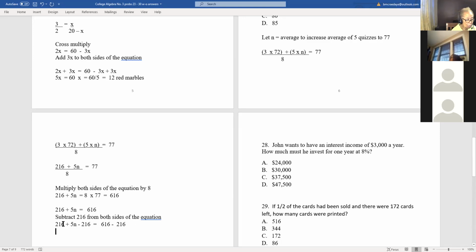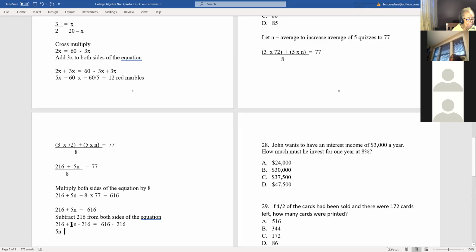A plus 216 and a minus 216 gives me zero. So I'm just left with 5n on the left side, right? Yes, 5n. Sometimes we just say cancel, but what you do is you add the plus and minus of the same value, and that's always zero, whether it's a constant or a variable, or a variable and a constant combined. It goes to zero.